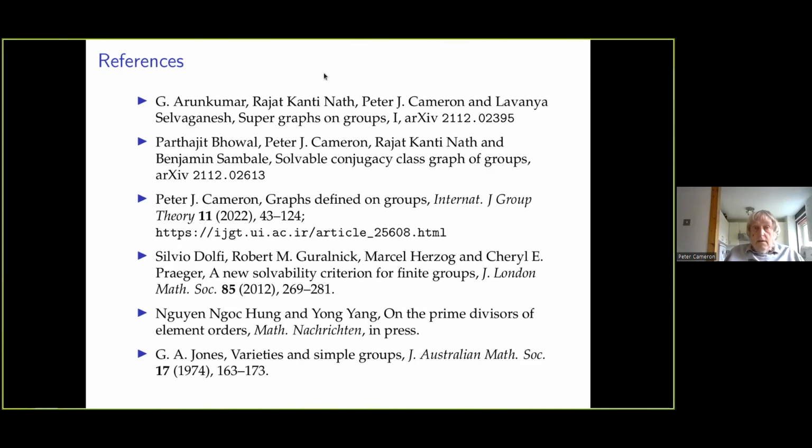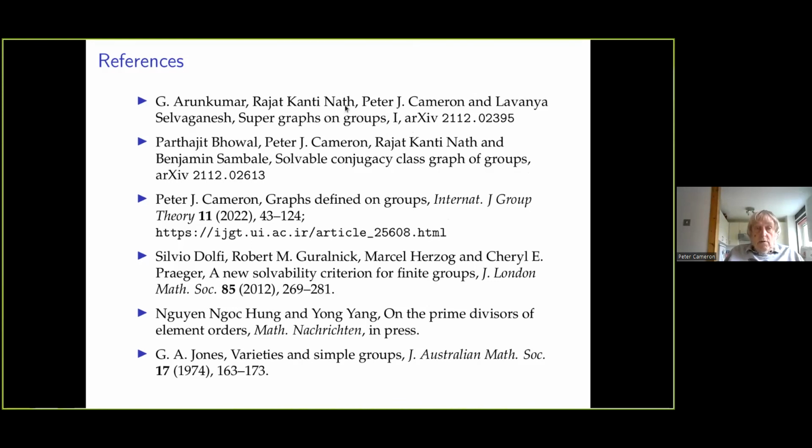Is it interesting to study supergraphs constructed on the set of elements of our group? Maybe they are quite complicated. Well, that's what we started doing initially. This first paper on this list here just deals with the graphs defined on the elements of the group. So you might like to look at that first.